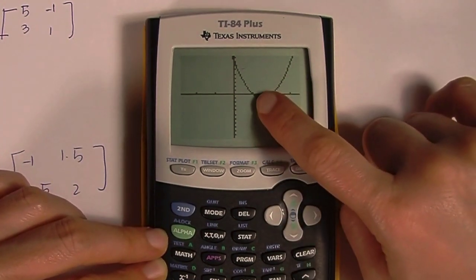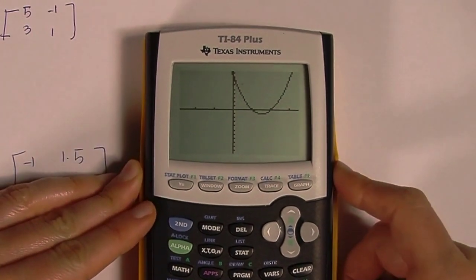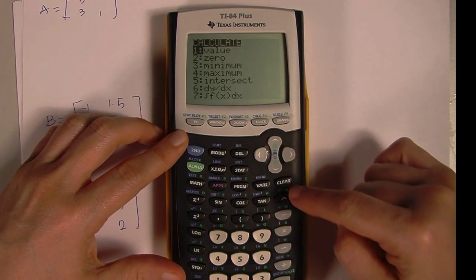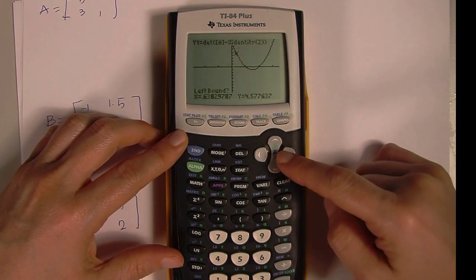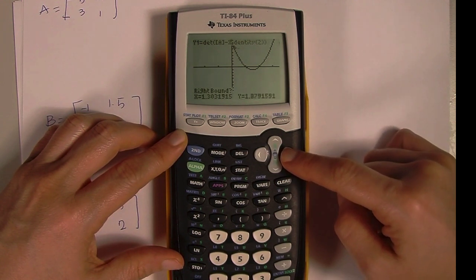I can see there are 2 zeros over here. So I go back to calculator, find the zeros, left bound is good.